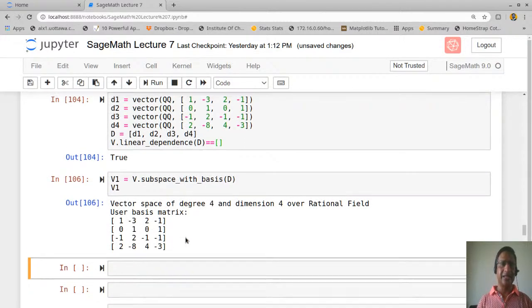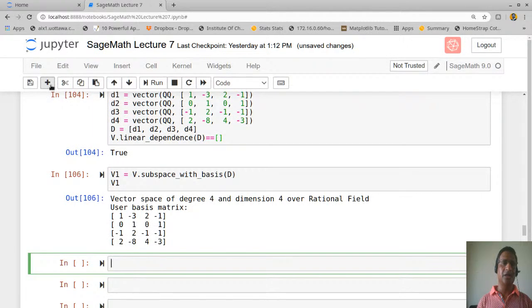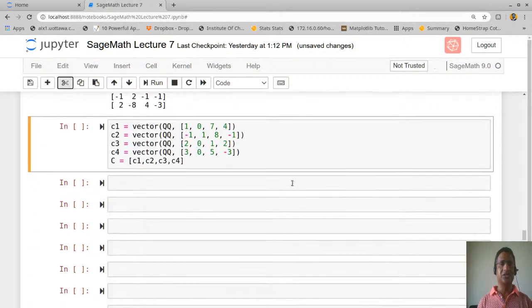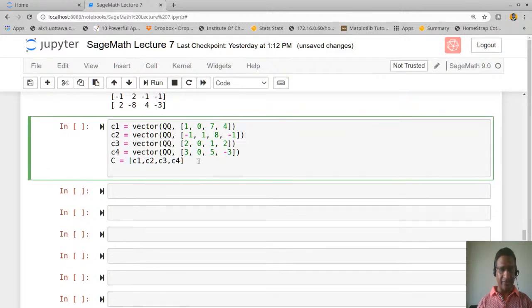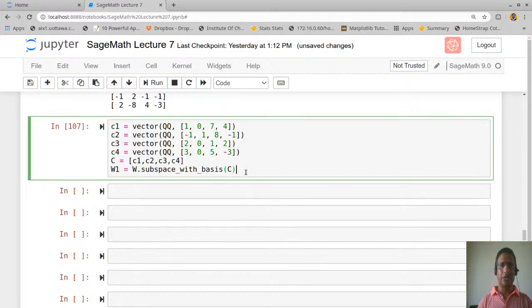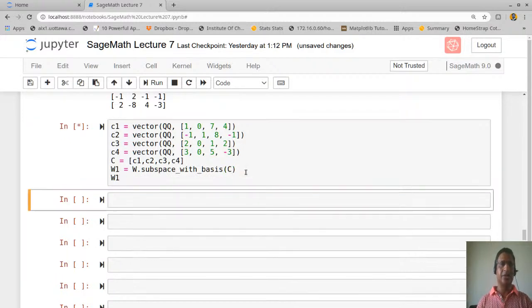Similarly, let us define a basis on the codomain, which I have called C1, C2, C3, C4, 4 vectors, and C is the list of these 4 vectors. Again we will say w1 as W dot subspace with basis C, and let us see what w1 is.